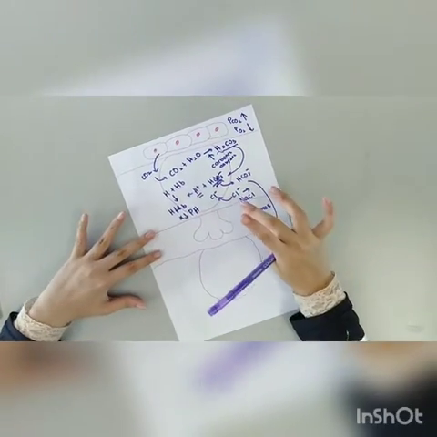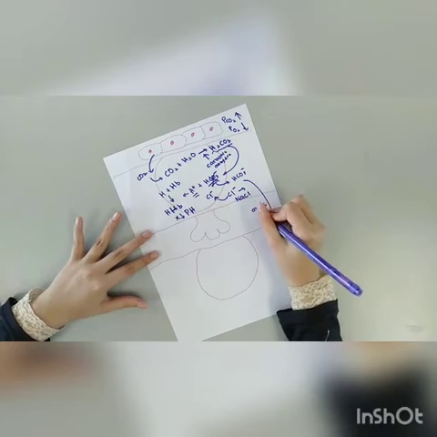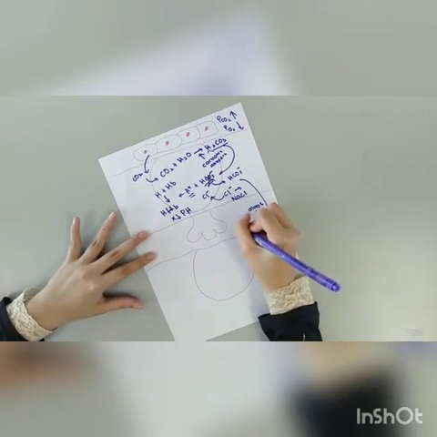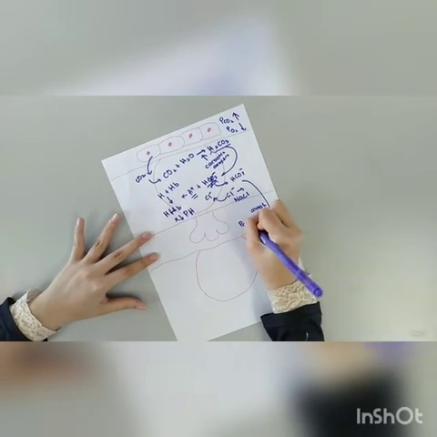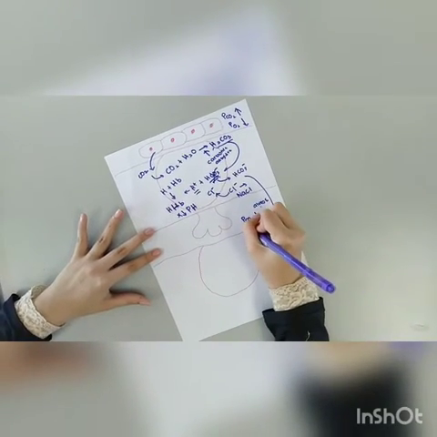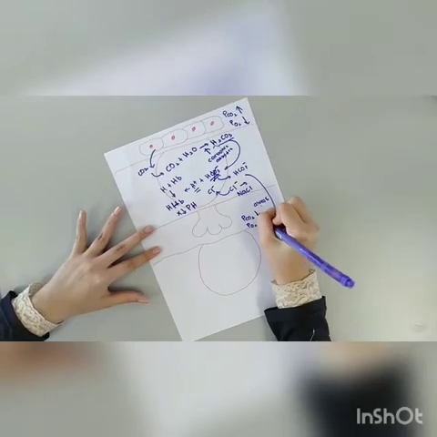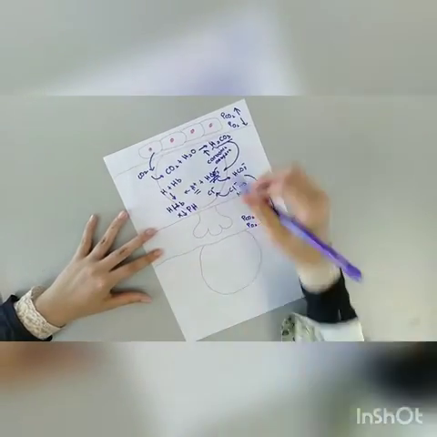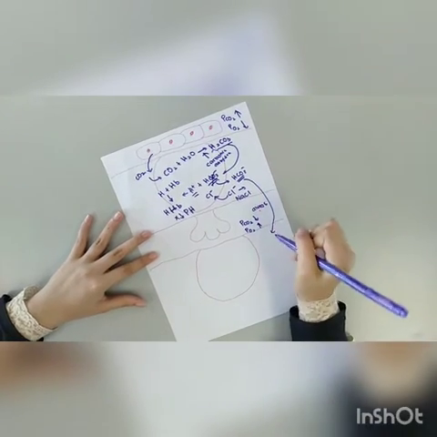Now we are going to alveoli. In alveoli, partial pressure of CO2 is low while partial pressure of O2 is high. Just now we said that HCO3- diffuses into alveoli.